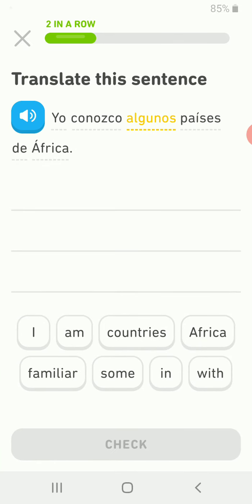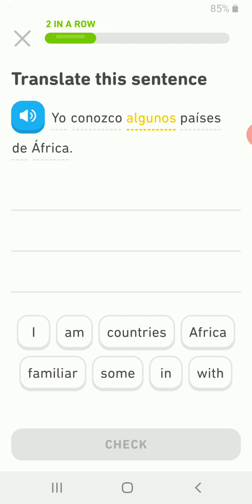Yo conozco algunos países de África. Yo conozco algunos. This is a word that I've been using quite a lot in my notes. So algunos is just some. We have seen unas, which also means some, but algunos means some. Also, just like aquel.